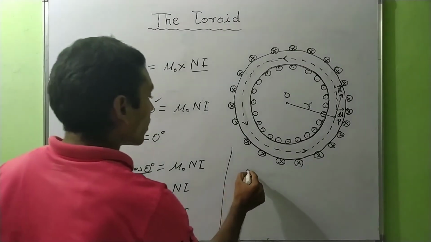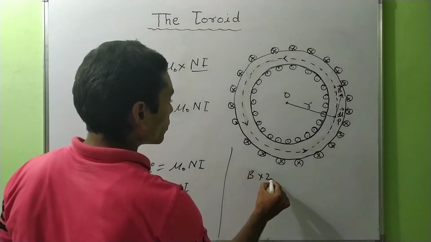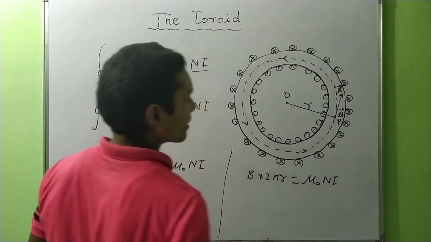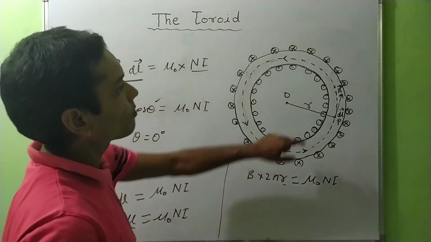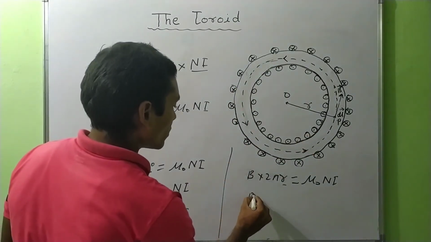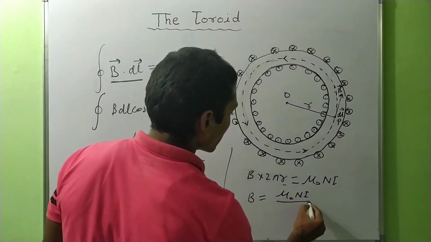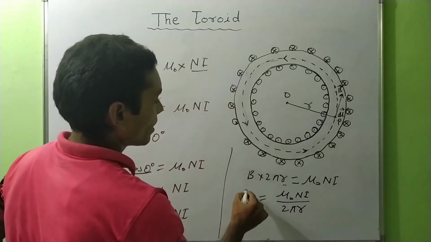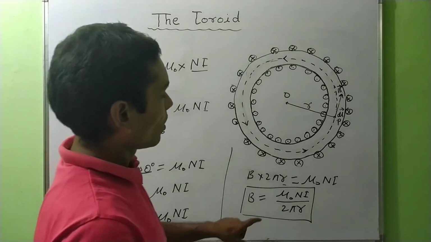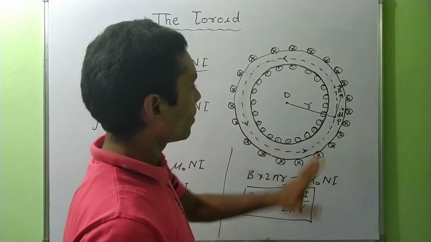On putting the value of integral dl, the equation will become B into 2 pi r equal to mu naught capital NI, where r is the radius of this circular Amperian loop. Now the magnetic field will be mu naught NI upon 2 pi r. This is the magnitude of the magnetic field at each point on this circular Amperian loop.